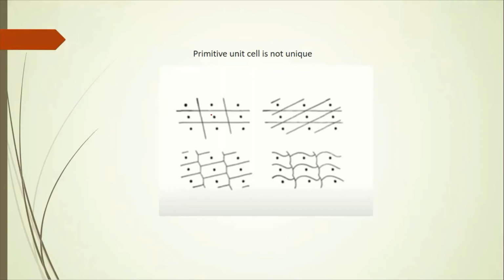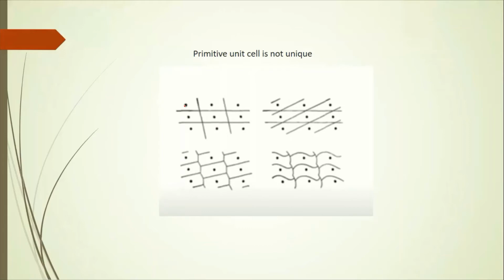Any of these fit the definition, because by translations of the primitive unit cell we can tile the entire space regardless of what it looks like. So the primitive cell is not unique.